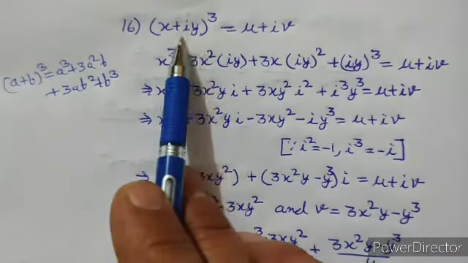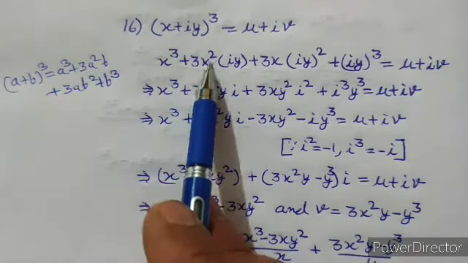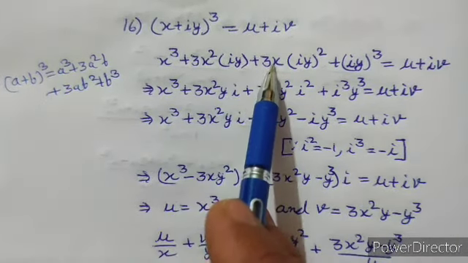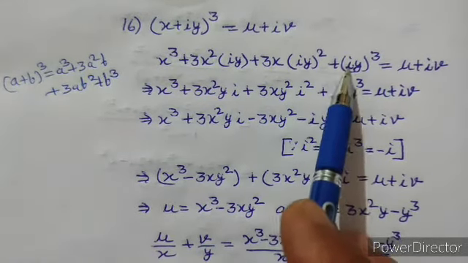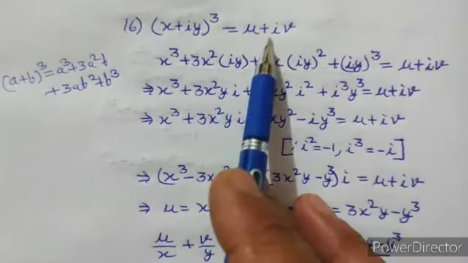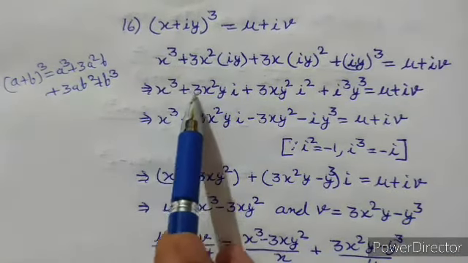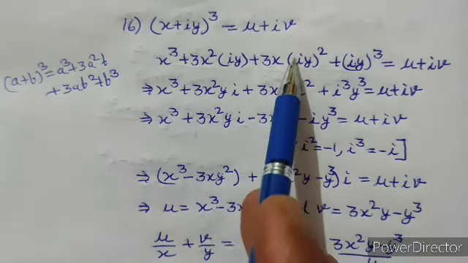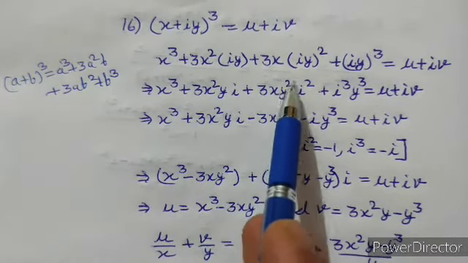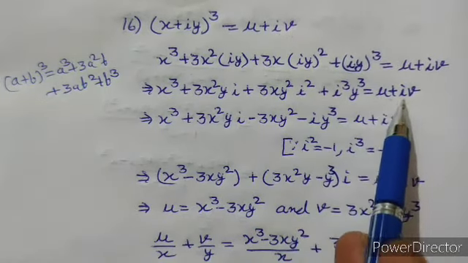So this (x plus iy) whole cube will be equal to x cube plus 3x square into iy plus 3x into (iy) whole square plus (iy) whole cube, and that is equal to u plus iv. Now x cube plus 3x square iy plus 3xy square i square plus i cube y cube will be equal to u plus iv.